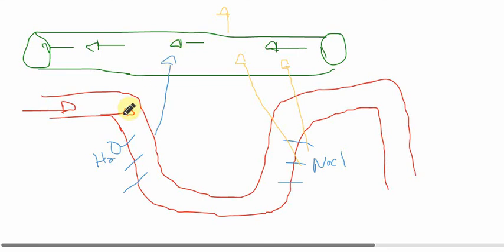Notice that we need this to happen. If this did not happen, there would be no driving force for the water or the solutes to come out of the descending or ascending loop of Henle. This is referred to as a countercurrent multiplier. So it's just giving the kidney a driving force to release water or release solutes.